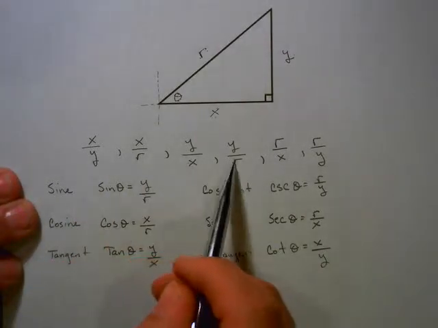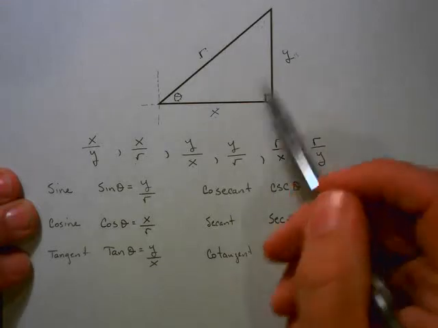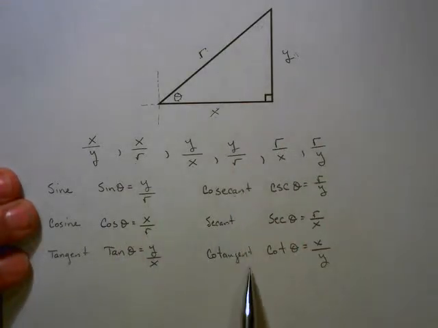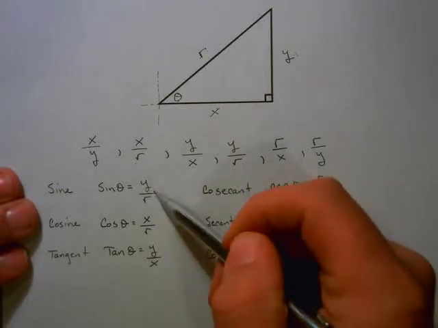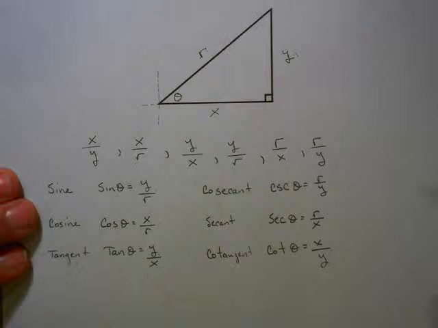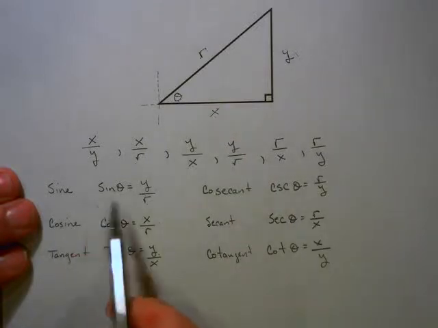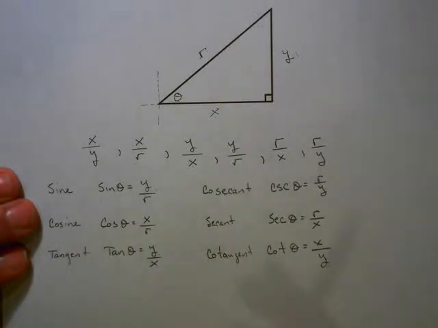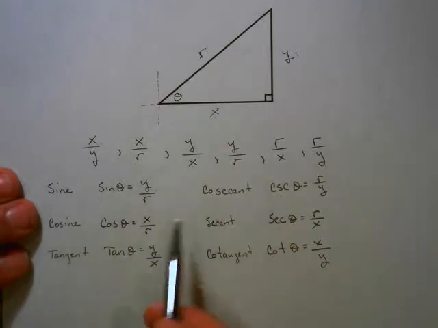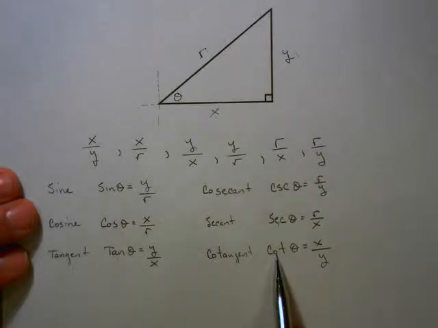So these 6 ratios of 2 sides of a triangle correspond to 6 trig functions. Once we have 3, the other 3 are just going to be the reciprocals, so you kind of have to know which go with which. Sine theta goes with cosecant theta, cosine with secant, tangent with cotangent.